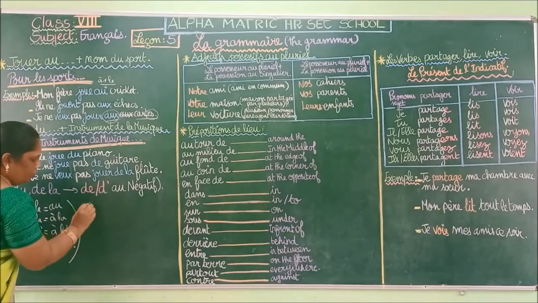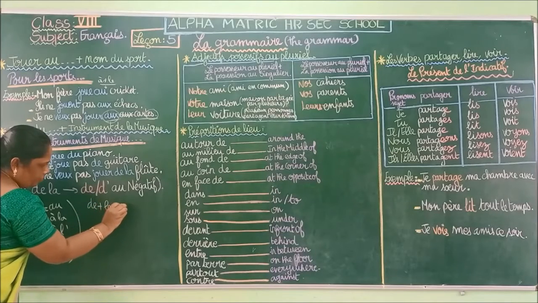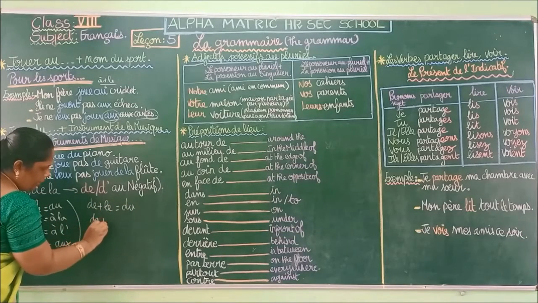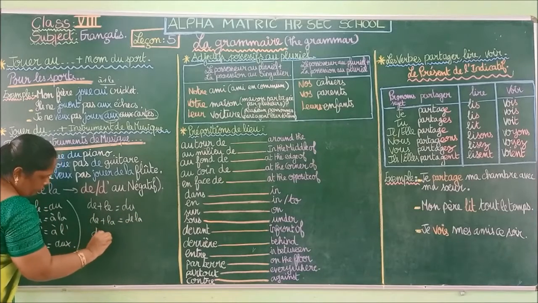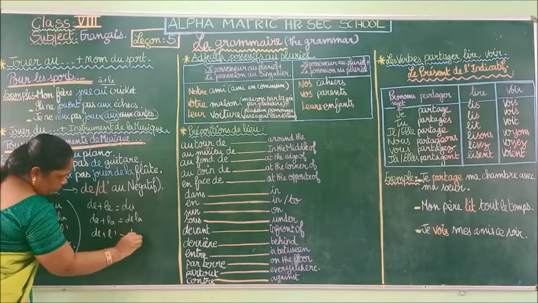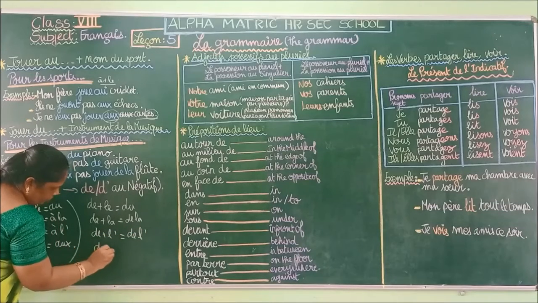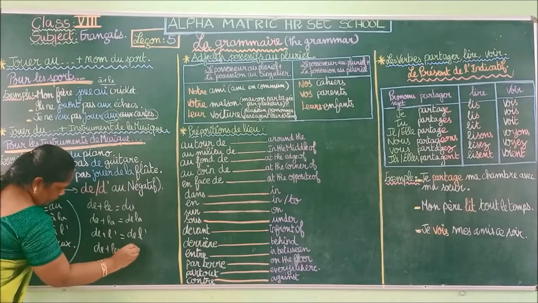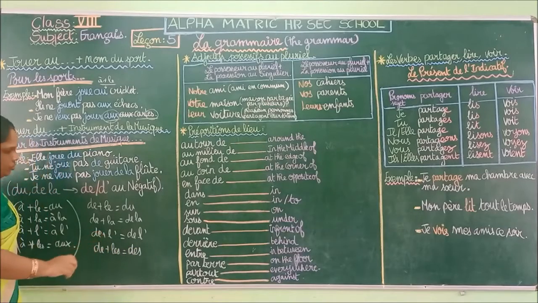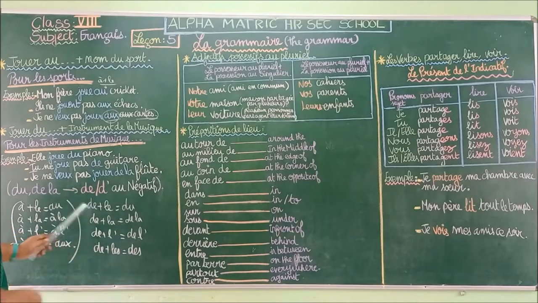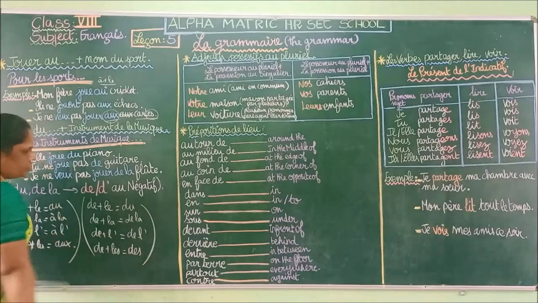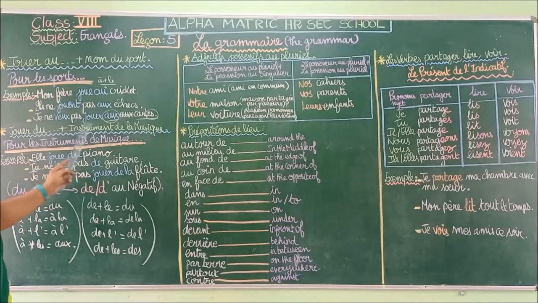We also saw de plus le becomes du, de plus la stays de la, and de plus l' or de plus les becomes d'. So we already learned this. For a music instrument we use jouer du.